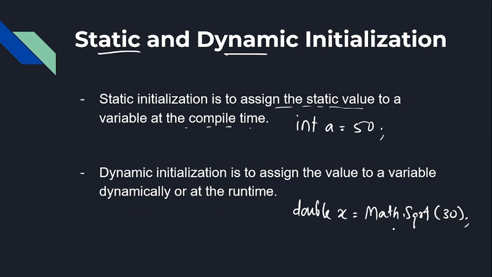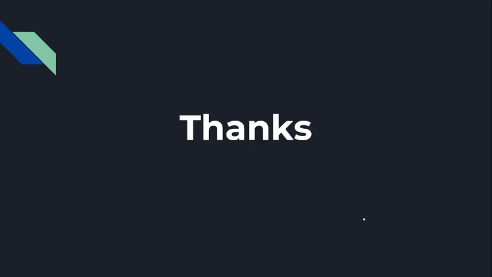That happens when the program is executed. So first it will execute, it will get the value, and then that variable will be initialized. So it is not getting initialized at compile time, but it is getting initialized at runtime. Or maybe the value is not available at compile time, but it is available at runtime. So that is static and dynamic initialization of a variable.